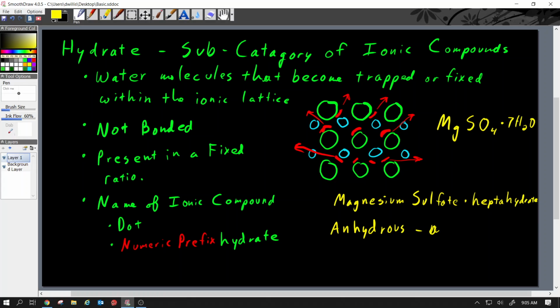An anhydrous compound is a hydrate that has had the extra water removed. It is a hydrate because it is an ionic compound that usually bonds with water that way. But we're going to call it anhydrous instead of hydrate.